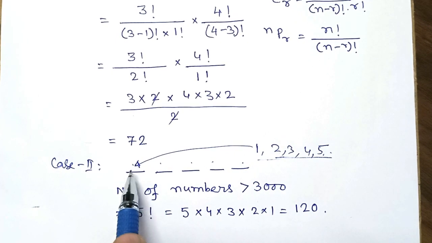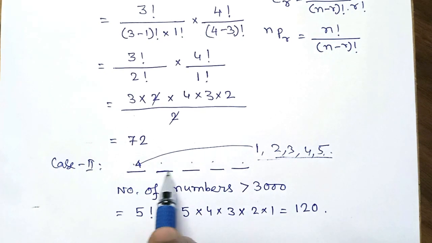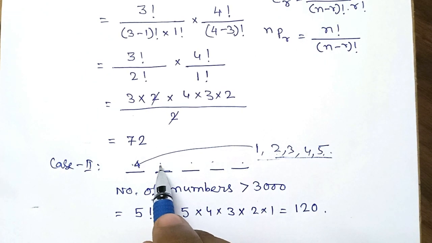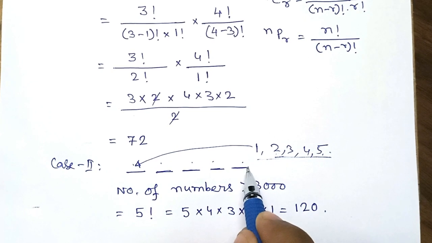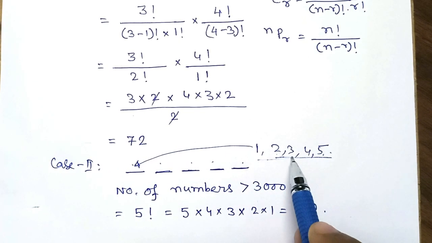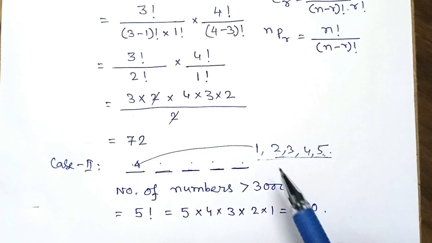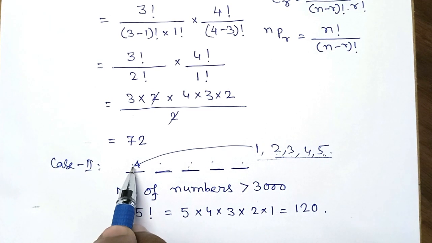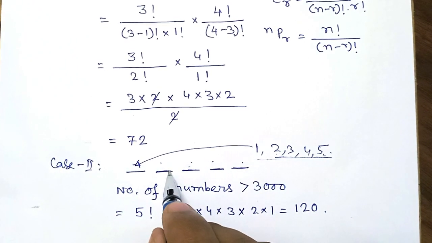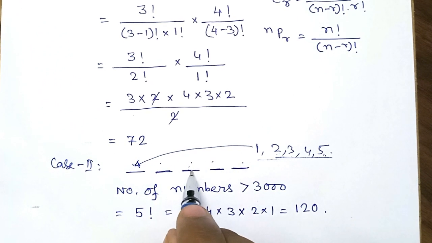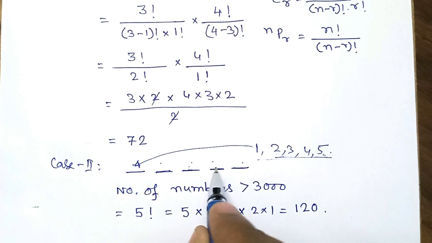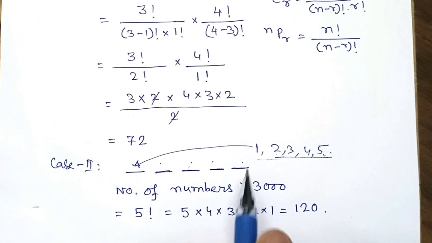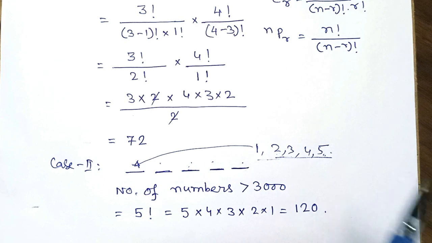When the second space is filled, 3 spaces are left, and the third can be filled with any one of the 3 remaining digits, in 3 different ways. The fourth blank space can be filled in 2 ways, because only 2 digits are left, and the last blank space with only 1 digit, because only 1 digit is left at that time.